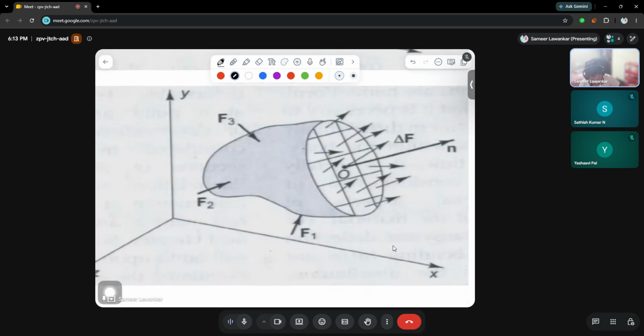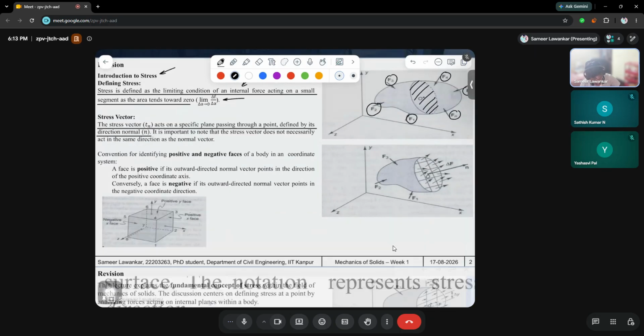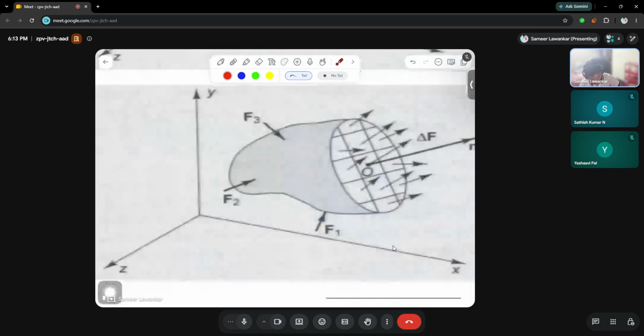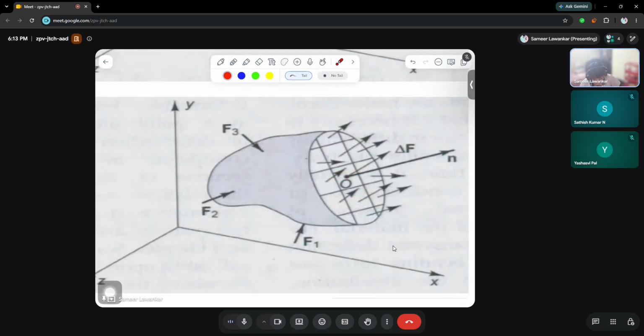Now we are considering a point O here, through which a perpendicular vector, called the normal vector, is directed. This normal vector is not an applied load; it is used to explain the direction of this area. The vector perpendicular to this area is called the normal vector. The basic use of the normal vector is just direction.